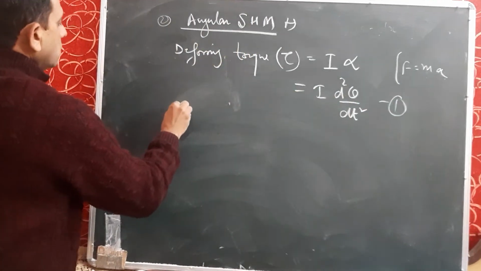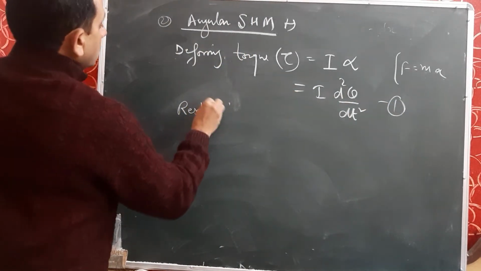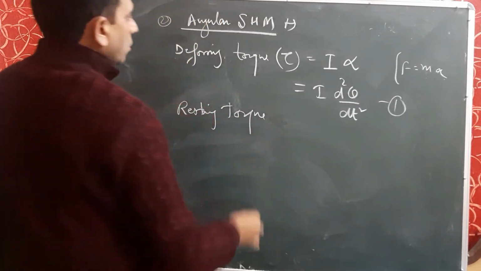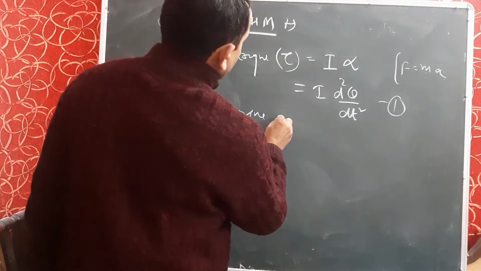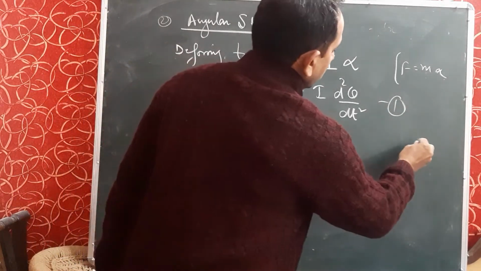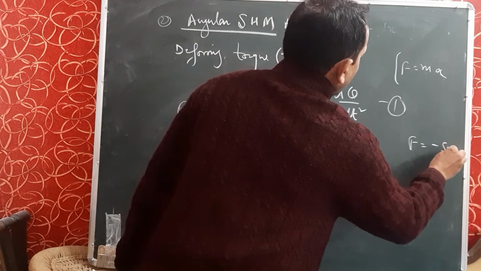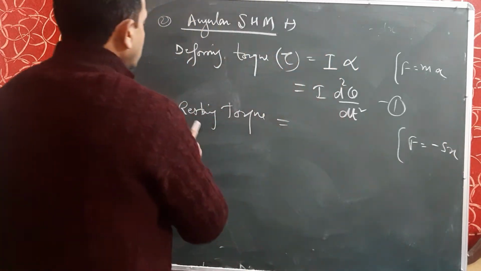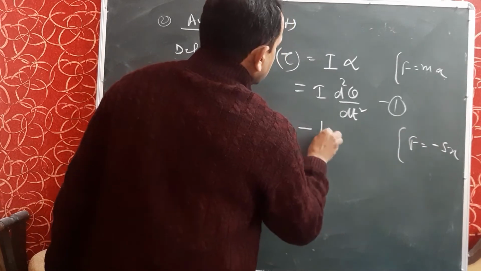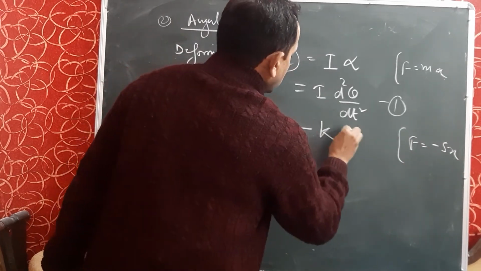And second, what is the restoring torque? It is also a torque, and it is the same as in the case of a spring, F is equal to minus Sx. So similarly, the restoring torque is equal to minus constant k, that is the couple, into x, meaning theta.